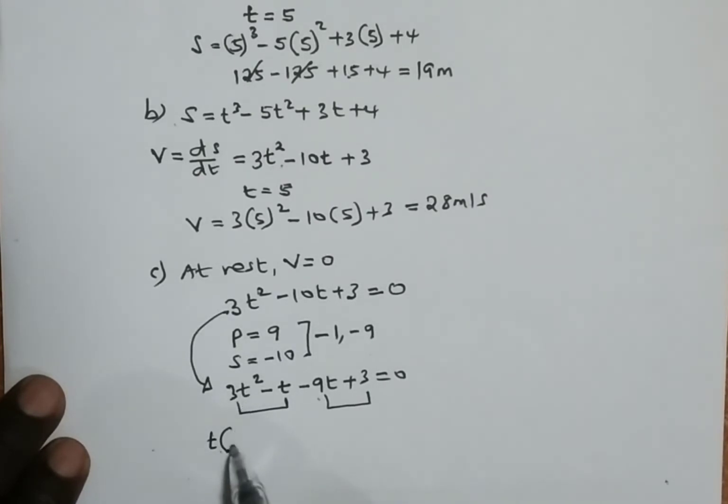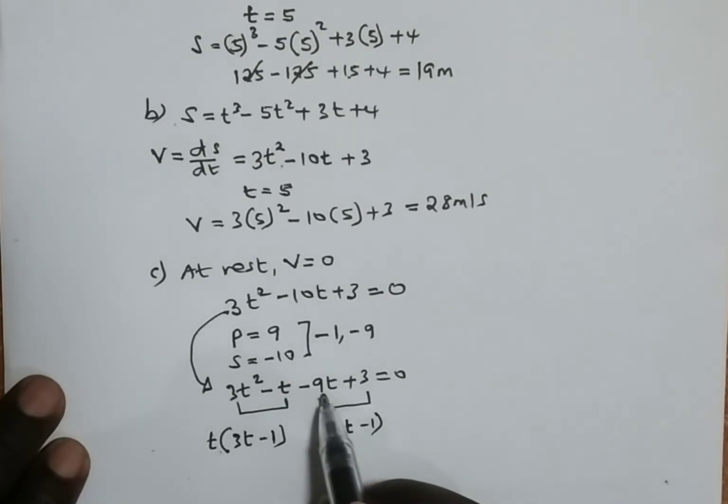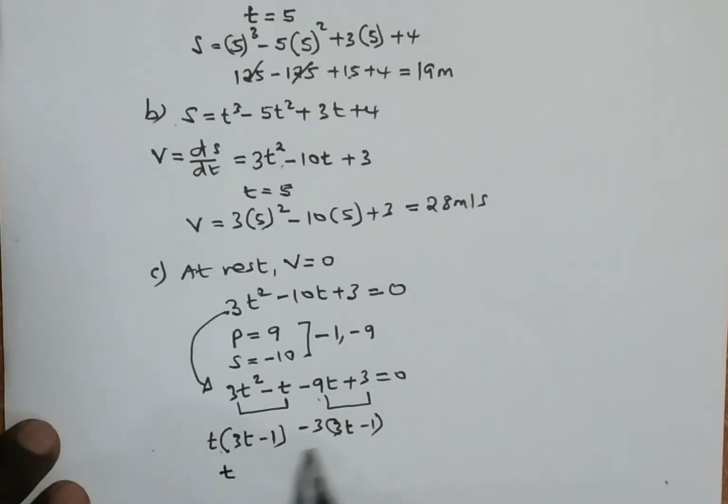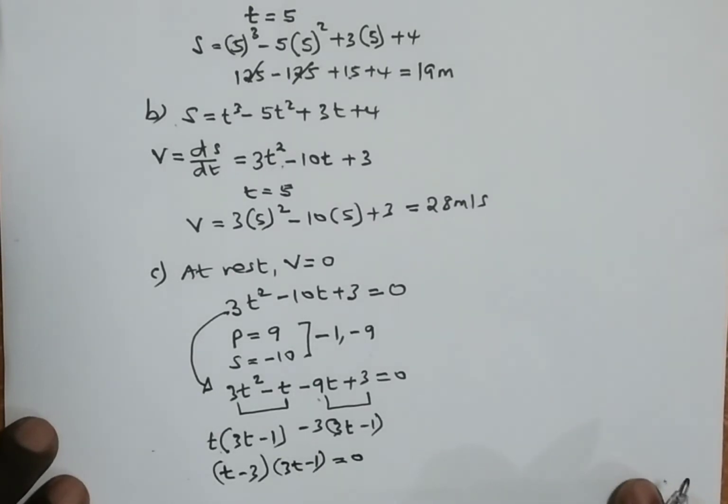Once t is out, we remain with 3t minus 1. This bracket is the same, so we place it here, 3t minus 1. Then we look at the second pair, which is going to be equal to negative 3. So from here, we are going to have t minus 3. We pick 1 from the brackets, 3t minus 1, and this one is going to be equal to 0.